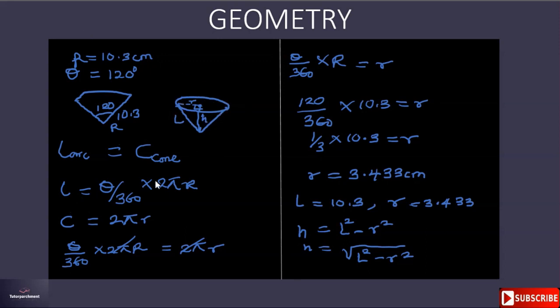So using that, the arc length of this sector is this, and the formula for the circumference of the base is 2 pi r. So considering the two, you're going to have 2 pi r equals 120 over 360 times 2 pi times 10.3. So you calculate the r, which is the radius of the cone.